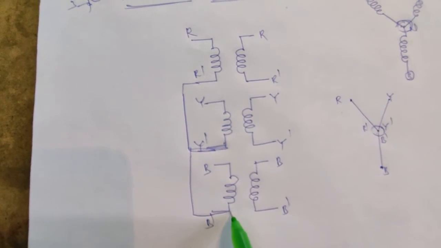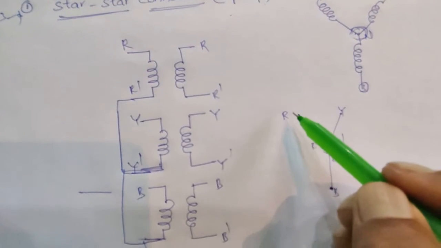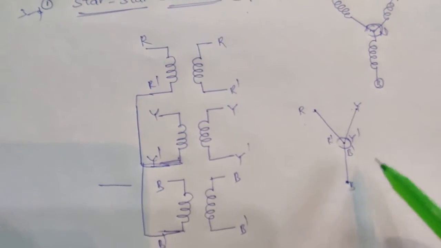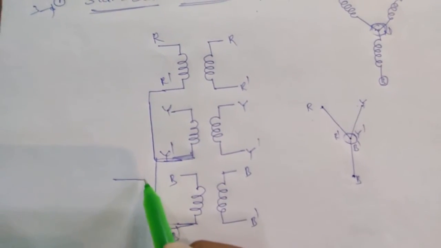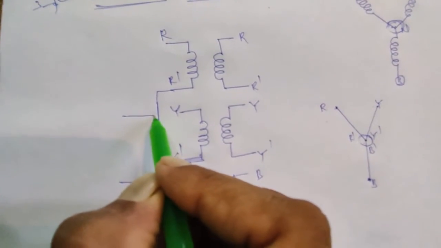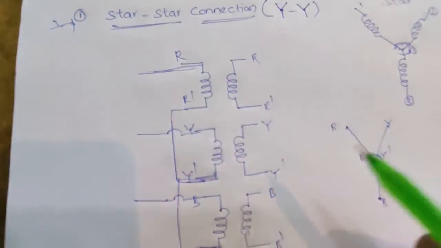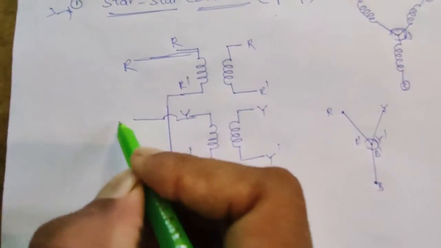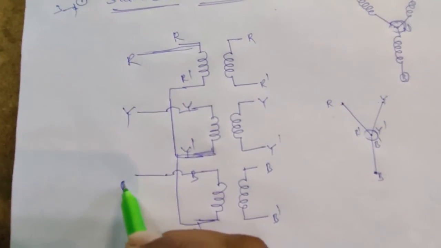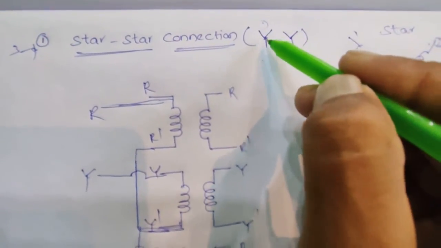This is B dash. And next one, these R, Y, B are not connected. That's why we have to remove like this. R, Y and B.